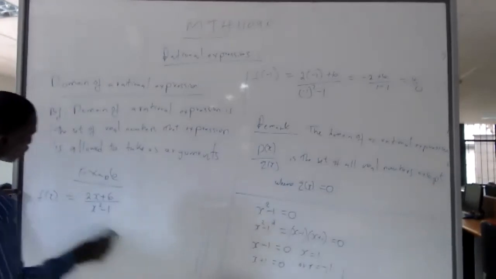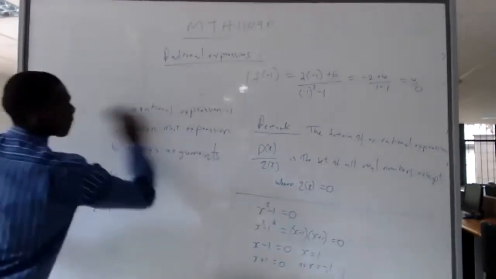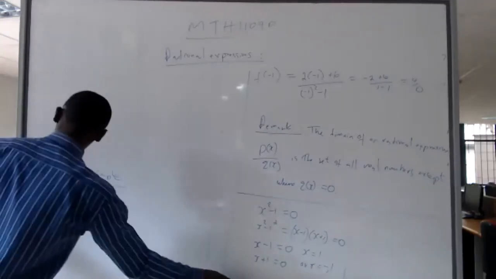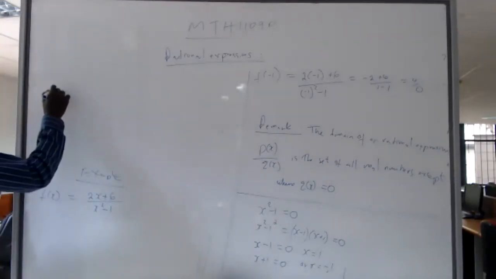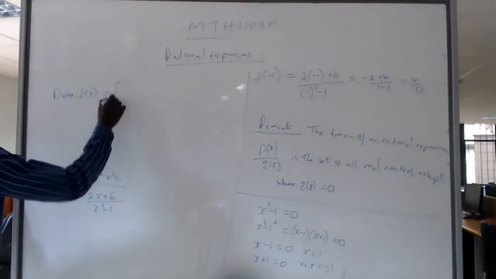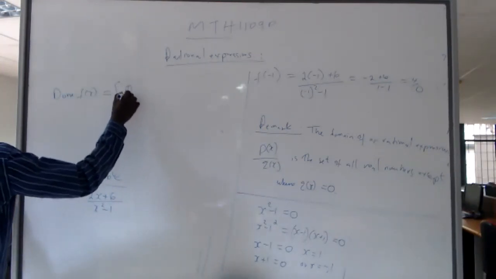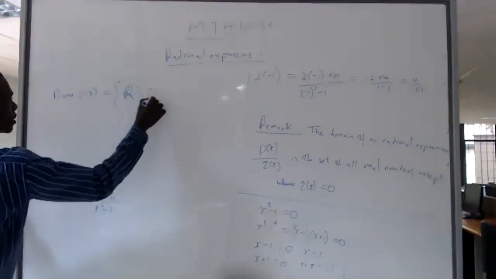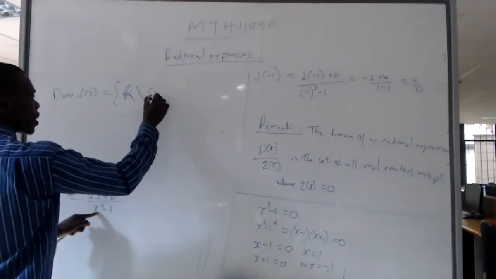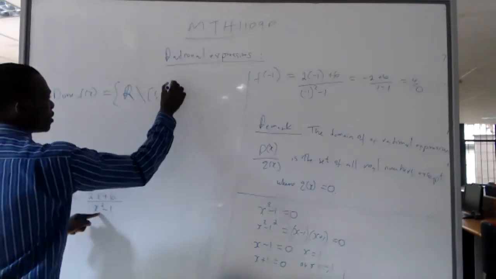Now you will write that the domain of f of x is the set of all real numbers. You take away the numbers in which the denominator is 0, so the set of 1 and -1.